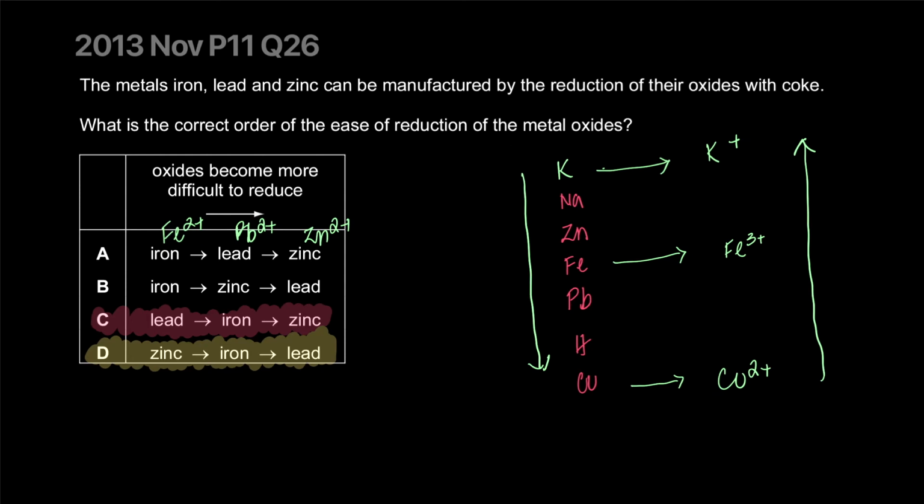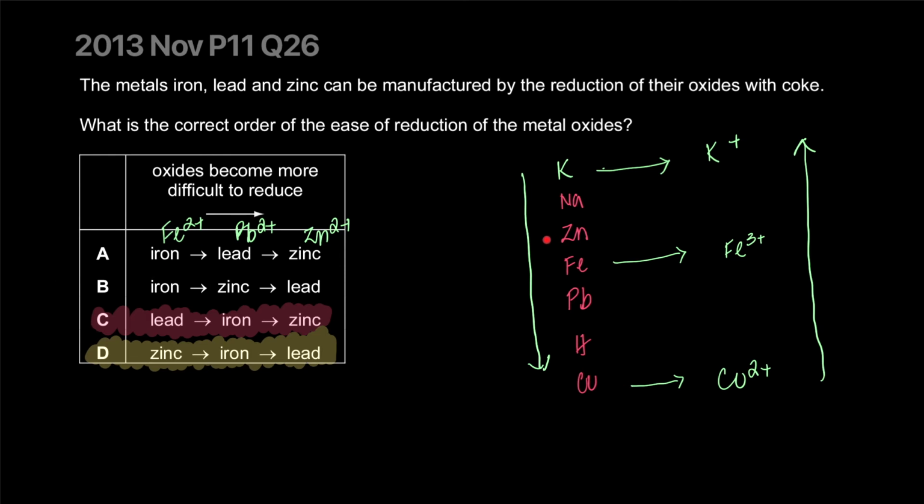Let's take a closer look at zinc, iron, and lead. You notice how in the metals it's becoming more and more difficult for it to react, because the reactivity is decreasing. So going down this list, it's becoming harder to react.